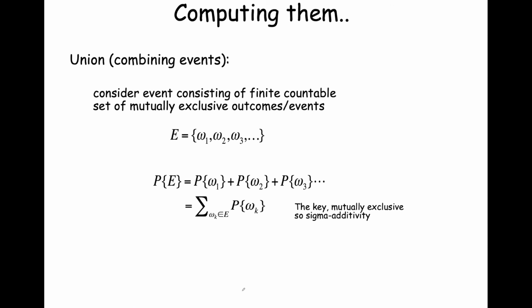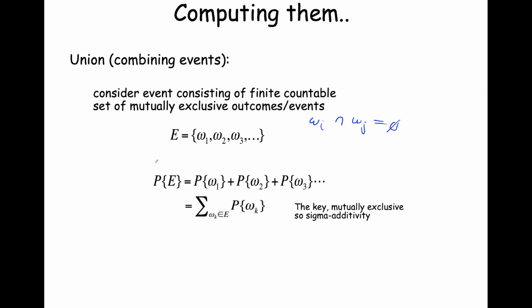All right, so we can combine events through the union operator, and let's consider an event consisting of some finite countable set of mutually exclusive outcomes or events. So each one of these events is such that omega i intersect omega j is equal to the empty set. So any pair, omega 1 with omega 2, omega 1 with omega 3, omega 3 with omega 5, and so forth.